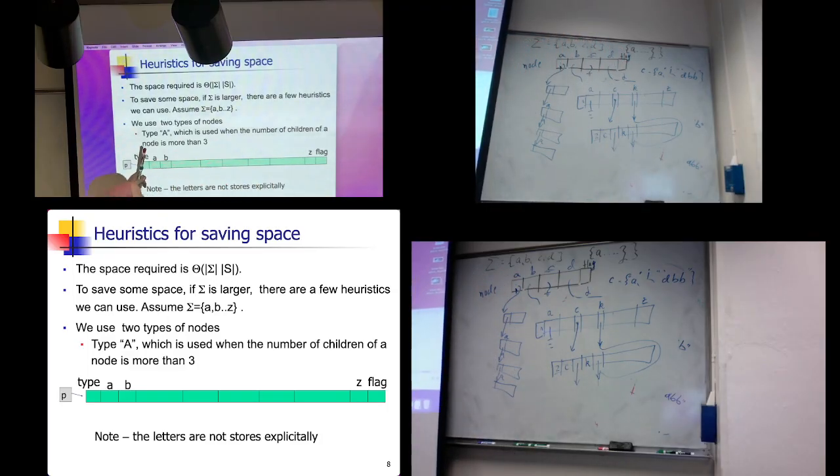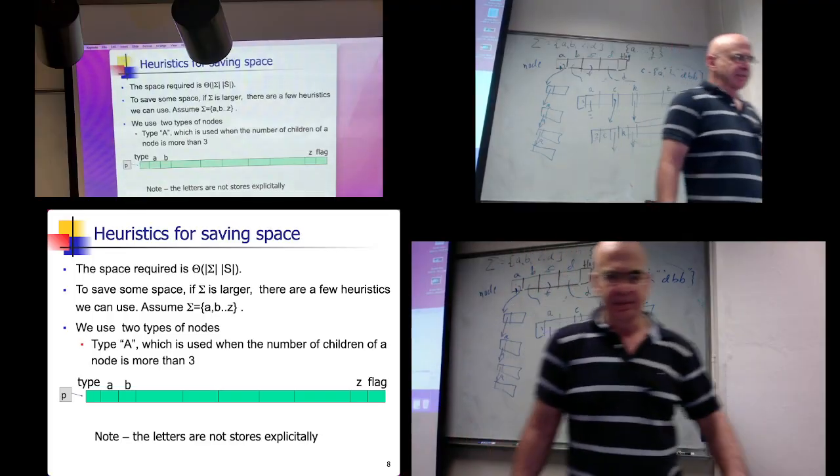Okay, so you'll use the new type if a node has at most 3 children, and if it has 4 children, then use the old type. 3 and 4 is arbitrary, you'll pick your favorite constants. Okay, that's just the heuristic.